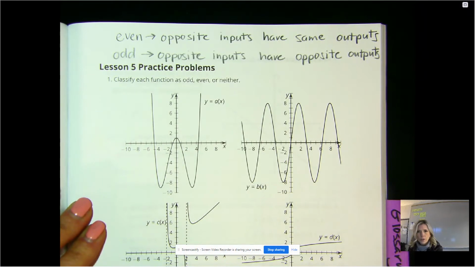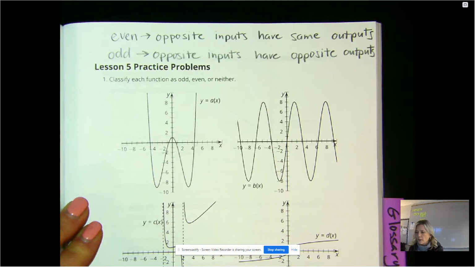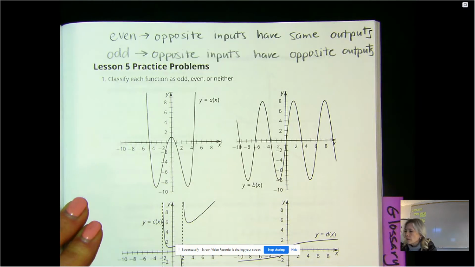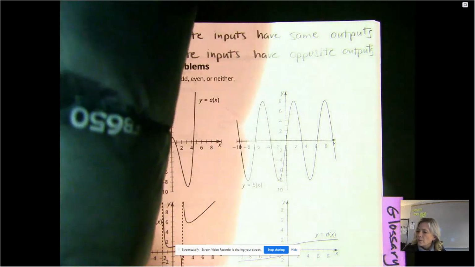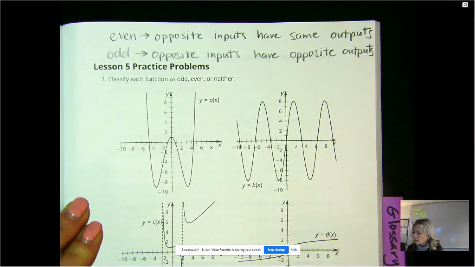So let's get started. Here at the top, I wrote out a little note from what we did in class today. We learned about even and odd functions.